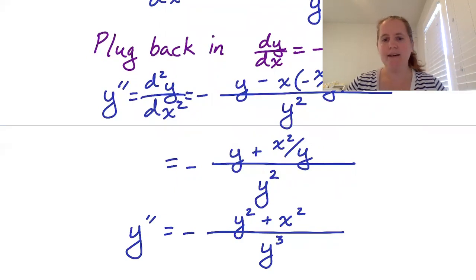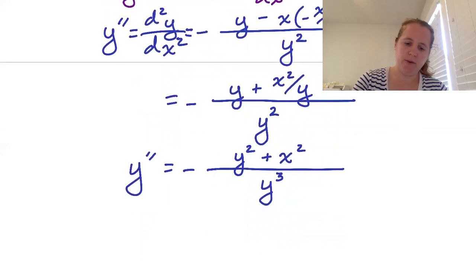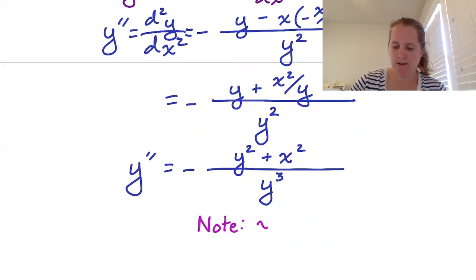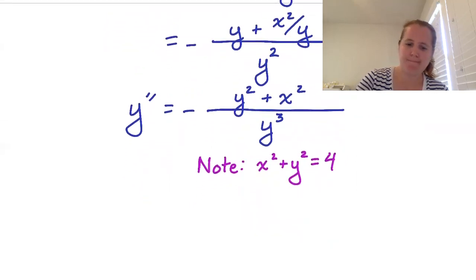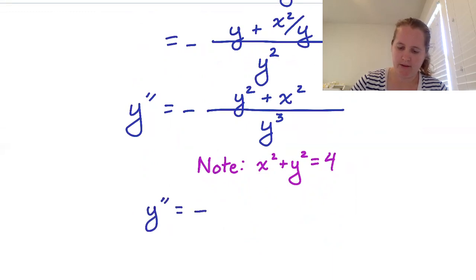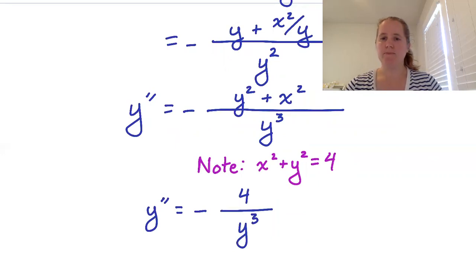And technically, we started off the problem with x squared plus y squared equals 4. So we could, if we wanted to, just recall, note that x squared plus y squared was equal to 4. And so we could just say that we actually have y double prime is equal to negative 4 over y cubed if we wished.